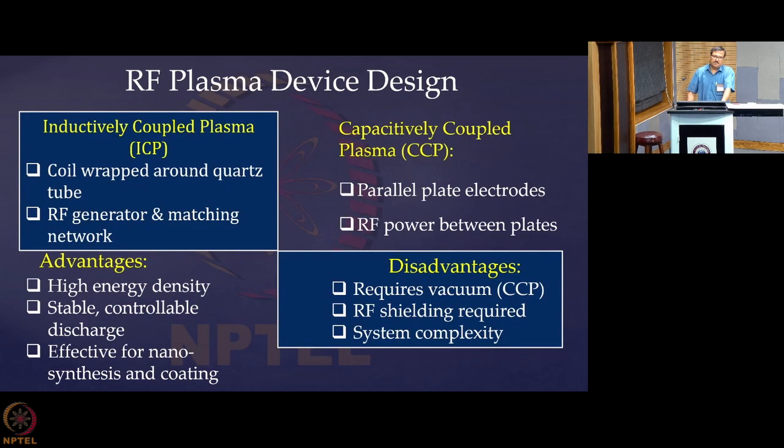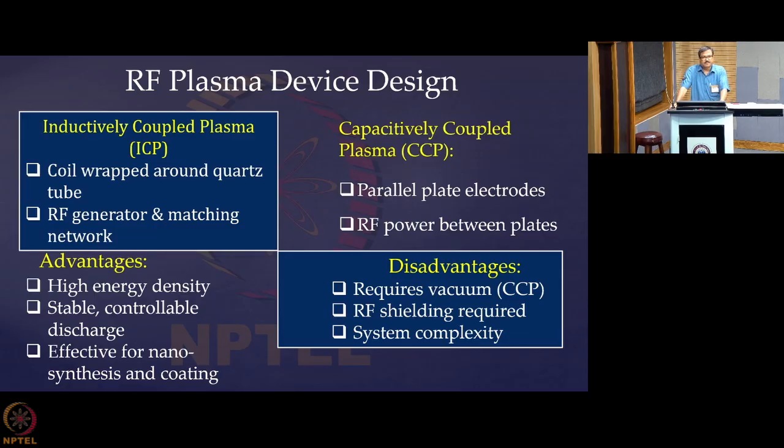Now I come to the other RF plasma devices. So the inductively coupled plasma, ICP. A coil is wrapped around a quartz tube, with an RF generator and matching network. This may be at lower pressure, and you will get a much more non-equilibrium plasma if you are doing that in the low pressure regime.